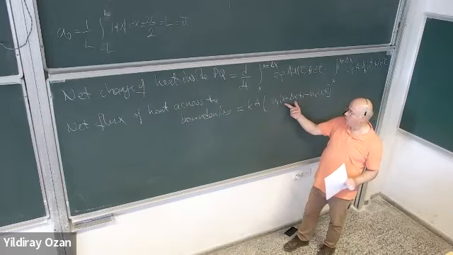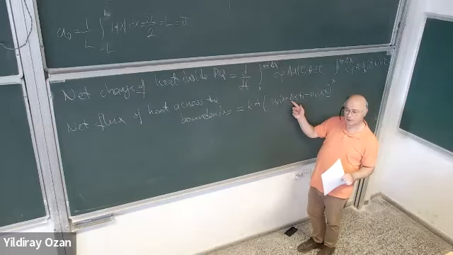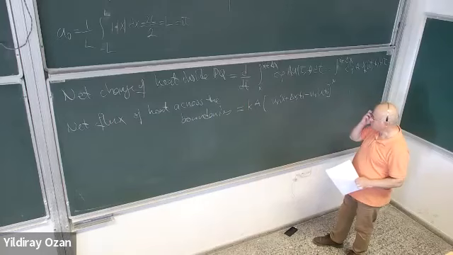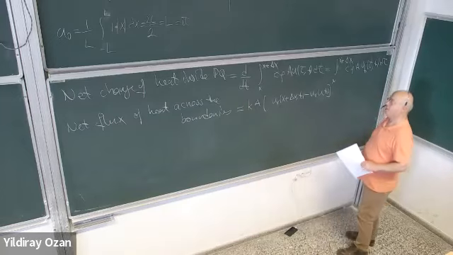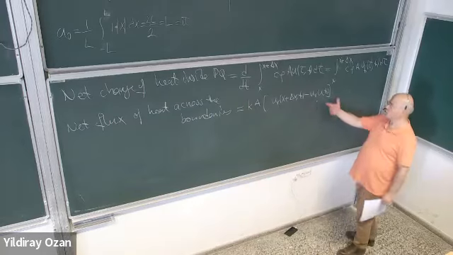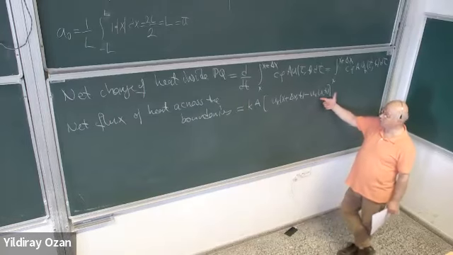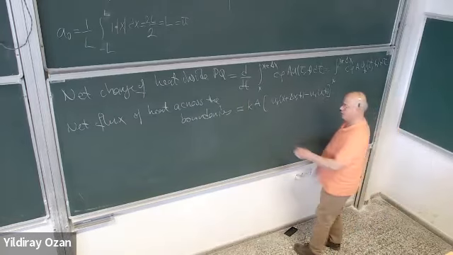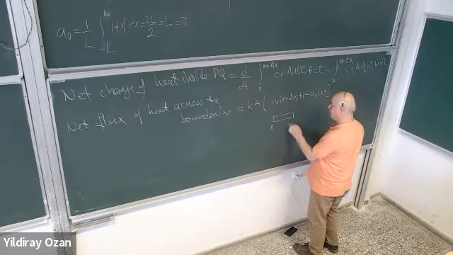I would like to measure the rate of change of temperature at this point, and also at the other end, that is, at a point x and at the point x plus delta x.